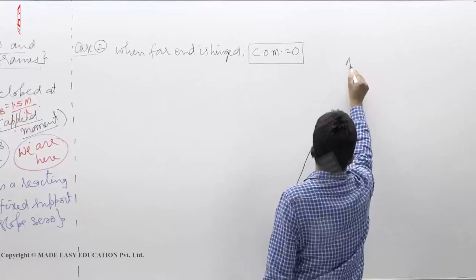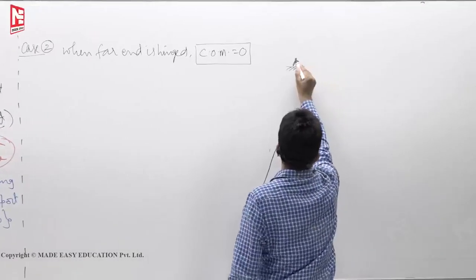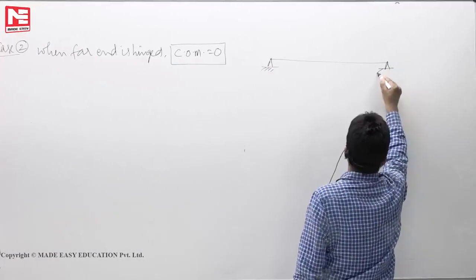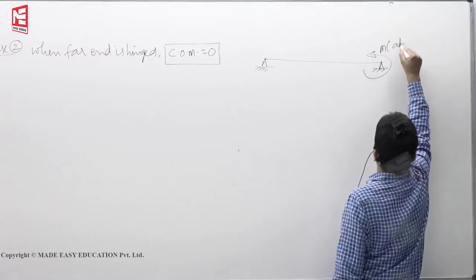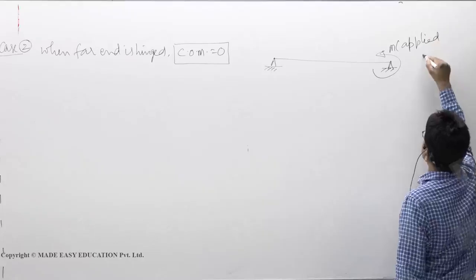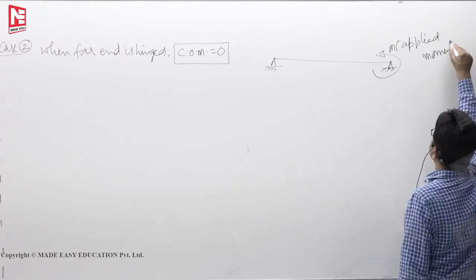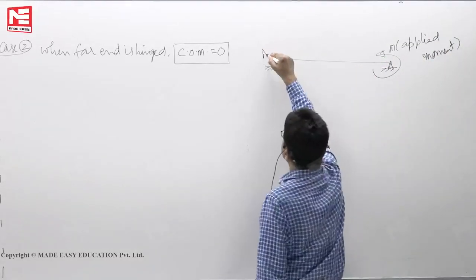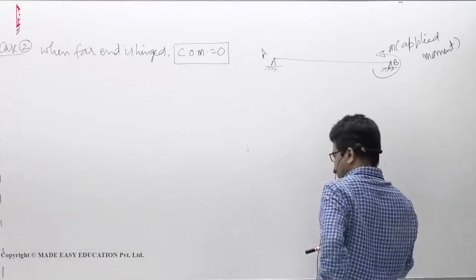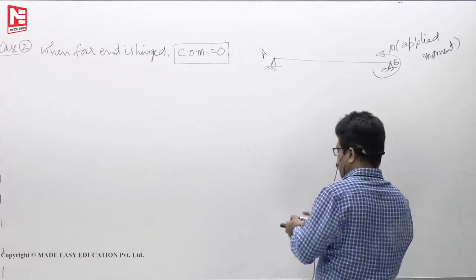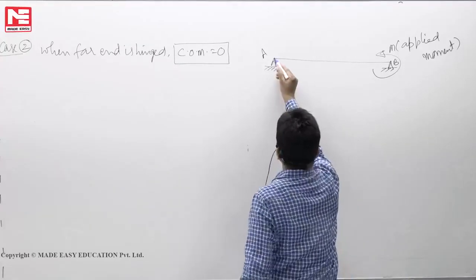This is what you have studied in strength of materials. Supposing that you have applied a moment here. This is m, your applied moment, at A, B. When you apply this much moment, the deflected shape of the beam is like this.